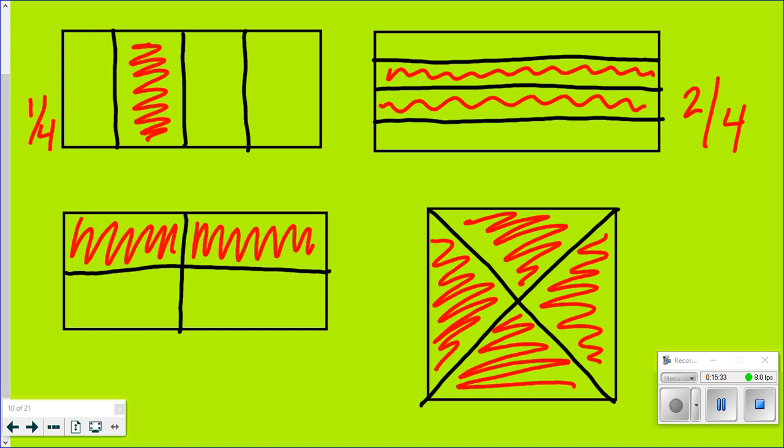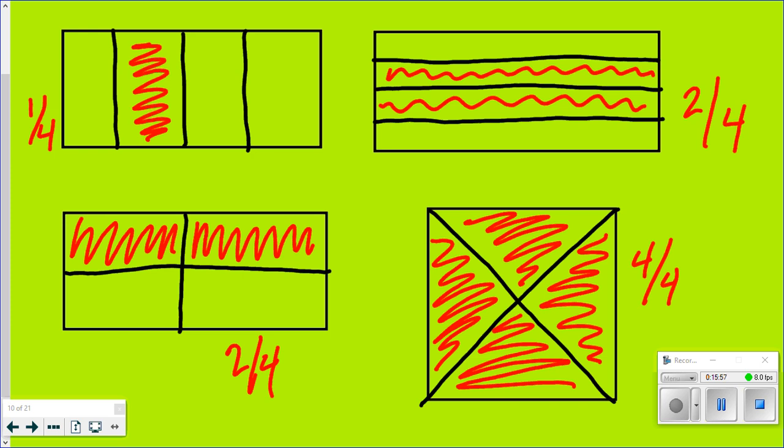Bryce, what's my fraction that matches this model? 2/4. Very good. Lucy, what's my fraction that matches this model? 4/4. My whole thing is filled in, yes? Another name for that fraction is 1 whole, because the whole thing is colored in.